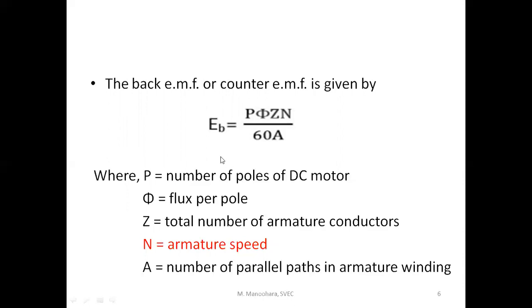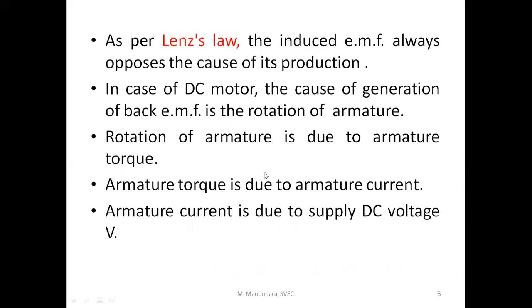So we can write EB equal to K into N, because all these parameters are constant once machine is designed. Here K equal to P phi Z divided by 60A. So EB is directly proportional to speed.